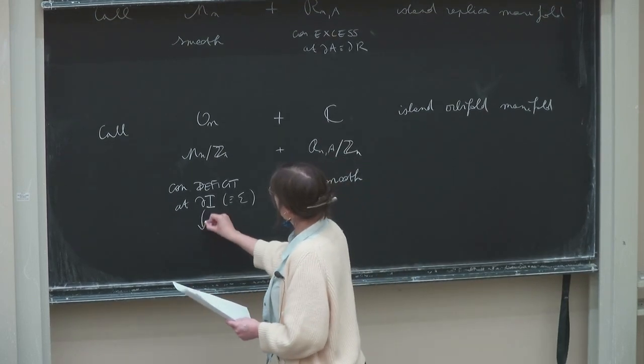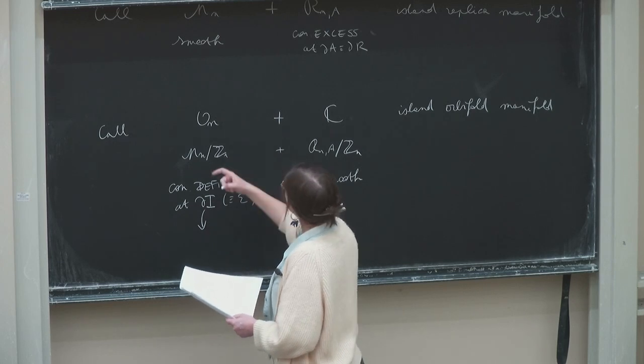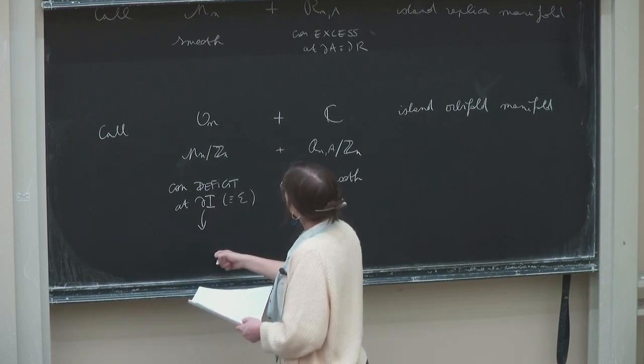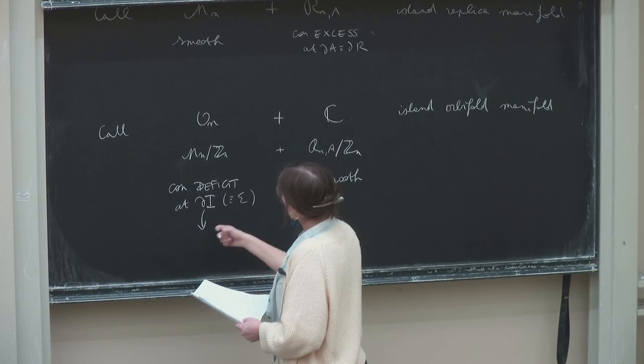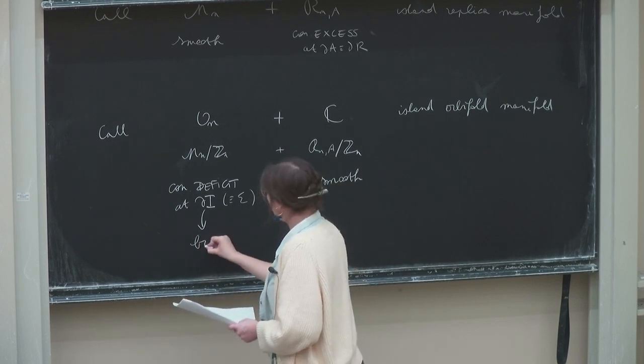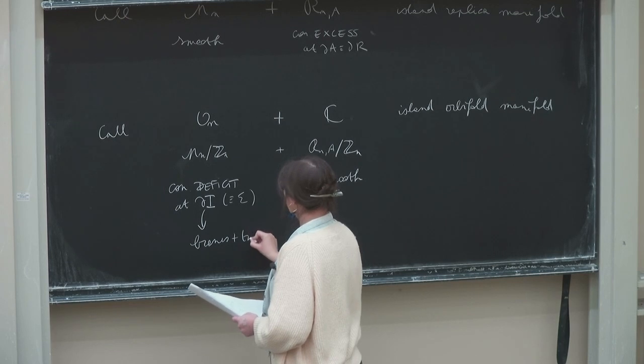And so where the conical deficit is in the Lewkowycz-Maldacena part of the orbifold manifold, we have branes plus twist fields.